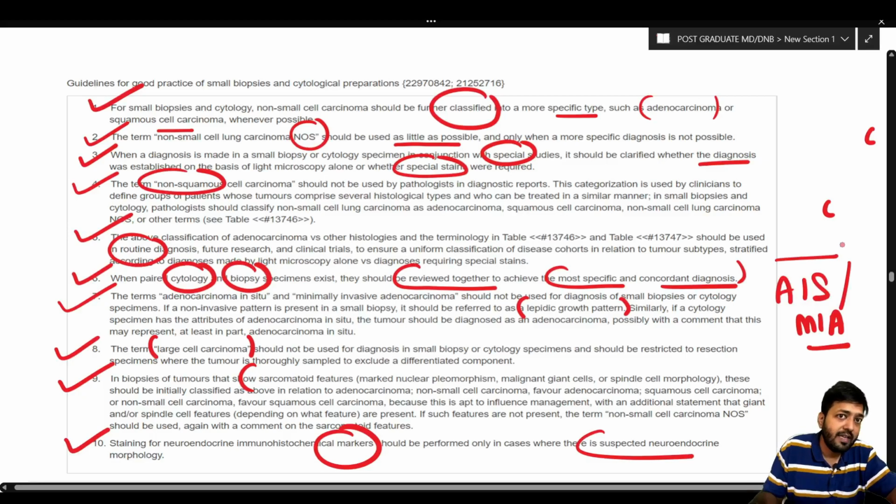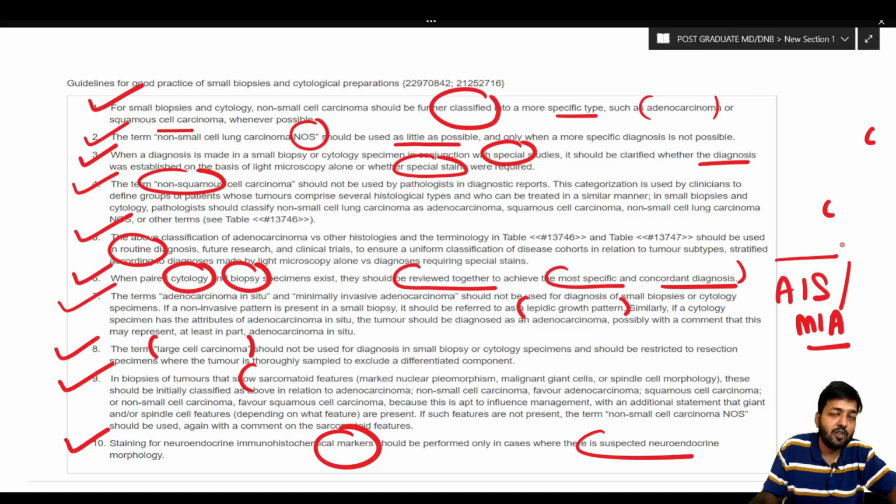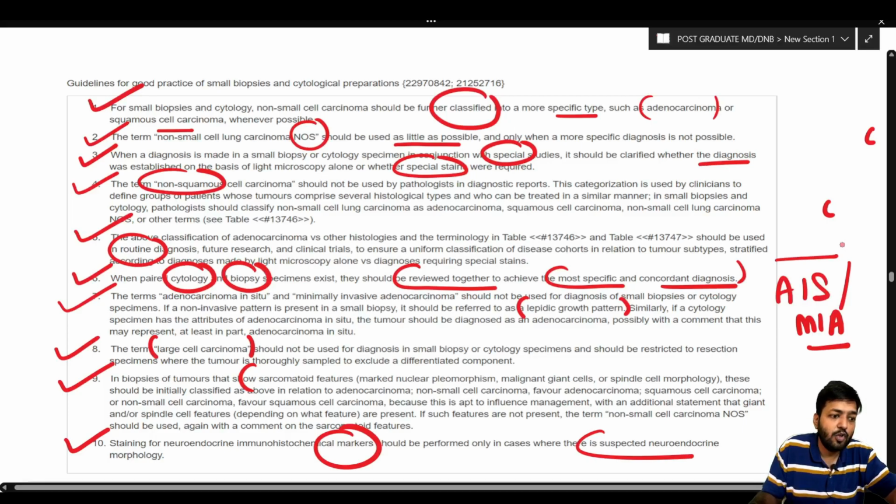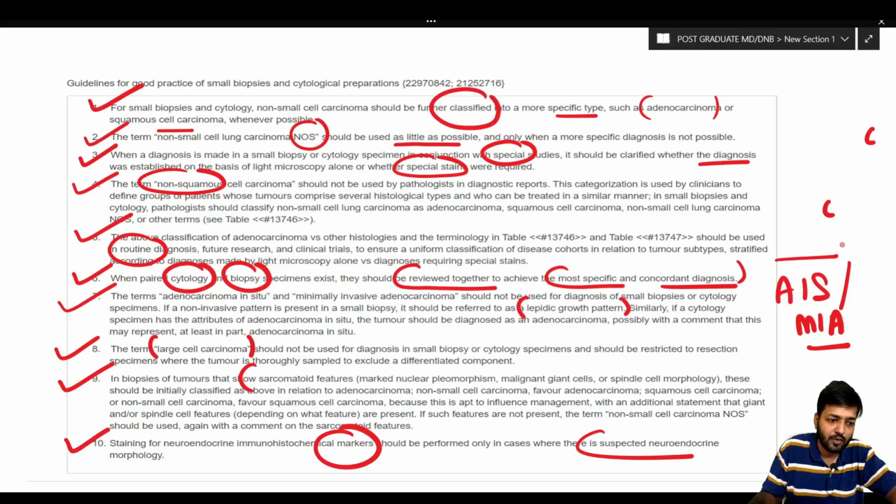So, what are the 4 things that cannot be confirmed on a small biopsy or a cytology and have to be confirmed on resection? Adenocarcinoma in situ, minimally invasive adenocarcinoma, large cell carcinoma, and sarcomatoid or pleomorphic lung carcinoma. So these cannot be confirmed directly on small biopsy, and the diagnosis should only be made on a resection specimen.